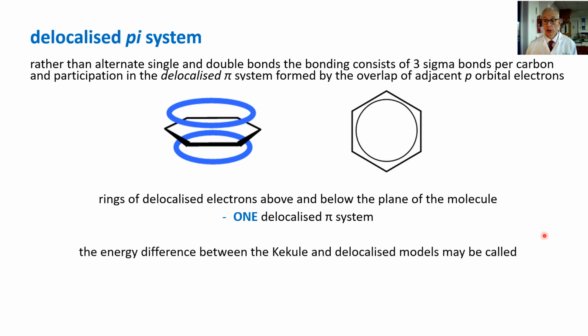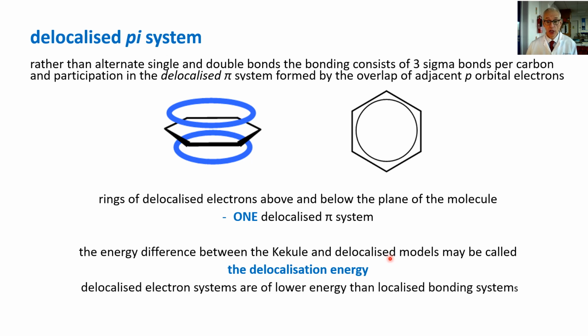Now, you may recall there was an energy difference between the Kekule model and the actual benzene. So we're now going to say an energy difference between the Kekule and the delocalized model, and that may be called the delocalization energy, because it's going to become a general principle that delocalized electron systems are of lower energy than localized.